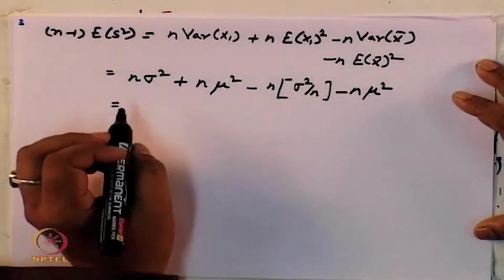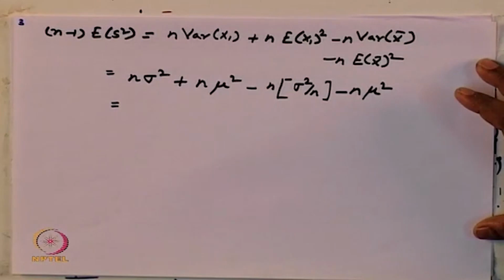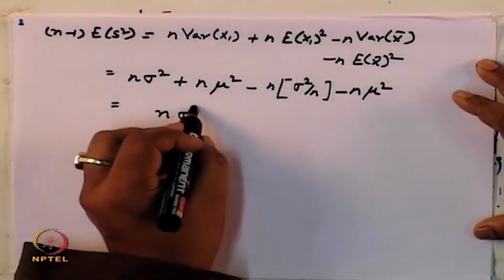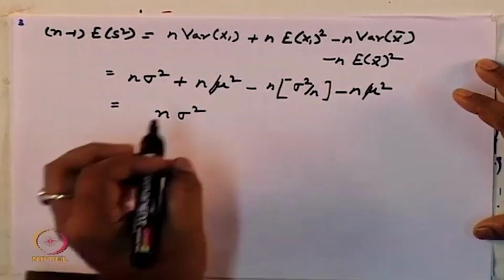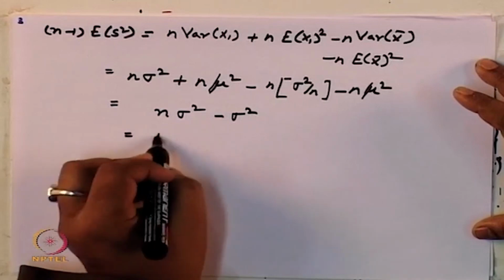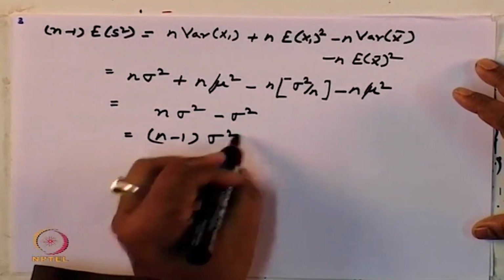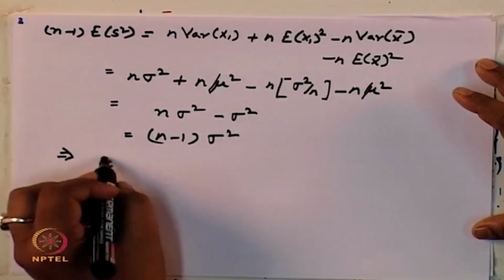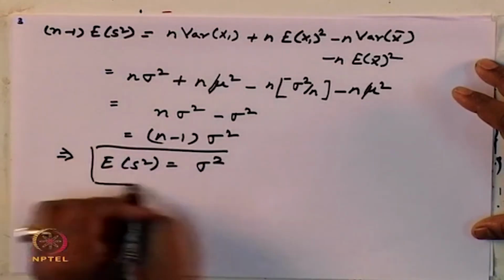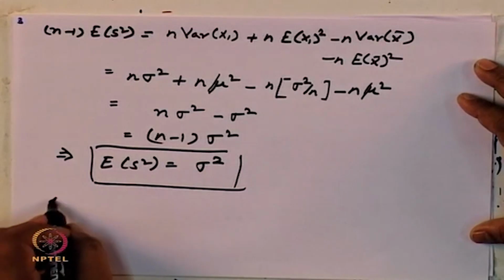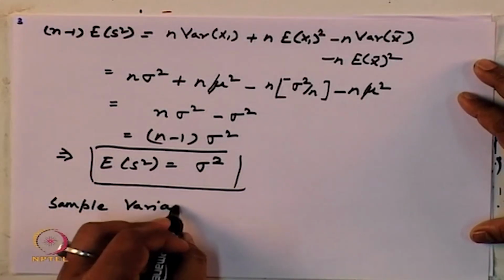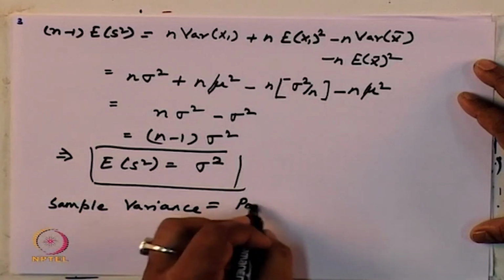The n mu square terms cancel each other out. So we have n sigma square minus sigma square, equal to n minus 1 into sigma square, implying expectation of S square is simply equal to sigma square. Thus the expected sample variance is equal to the population variance.